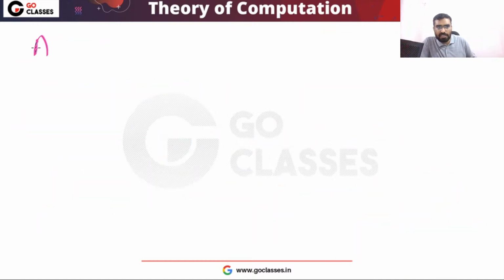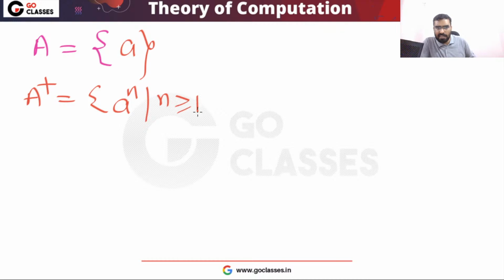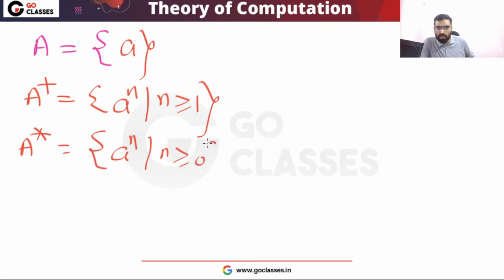Let's look at this. Let's assume A is the single letter A. Then what is A plus? A plus is A power n, where n is greater than or equal to 1. A star is A power n, n greater than or equal to 0.